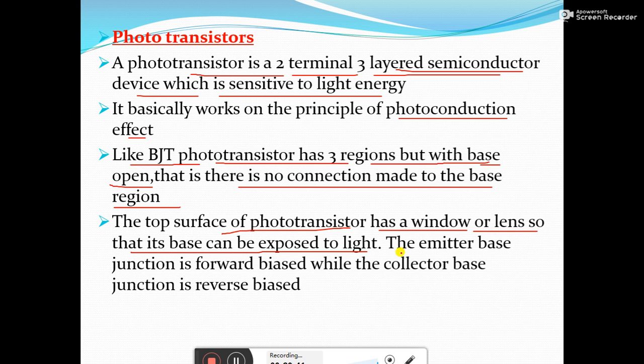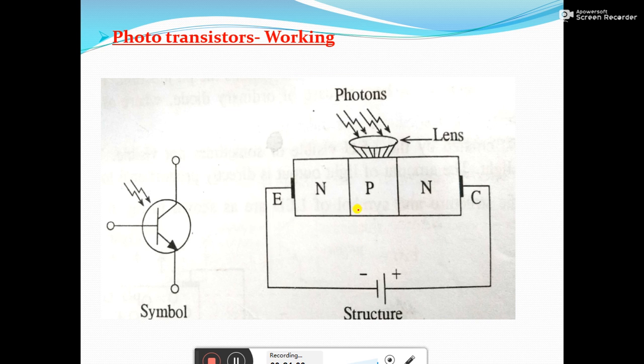Like other transistors, to be active in the active region, we need to bias in such a way that the emitter to base junction is forward biased, while the collector to base junction is reverse biased. Here also it is done in the same manner, but the only difference is that the base is exposed to the light.